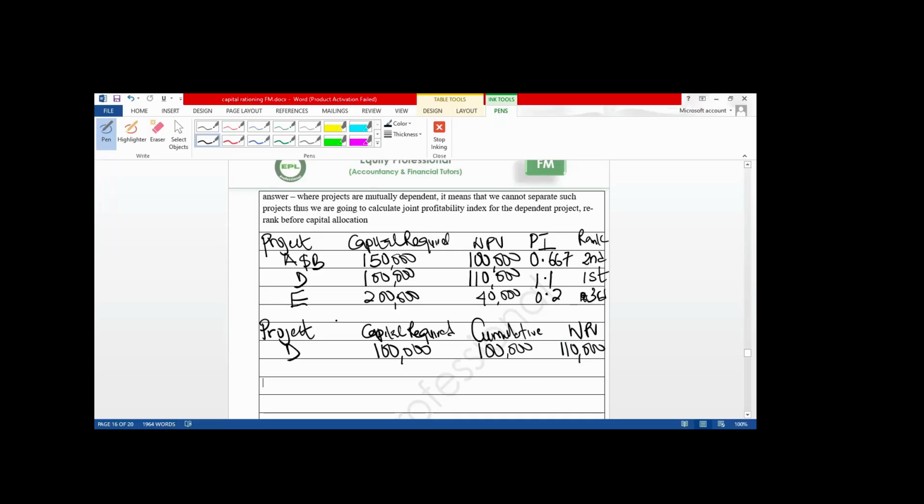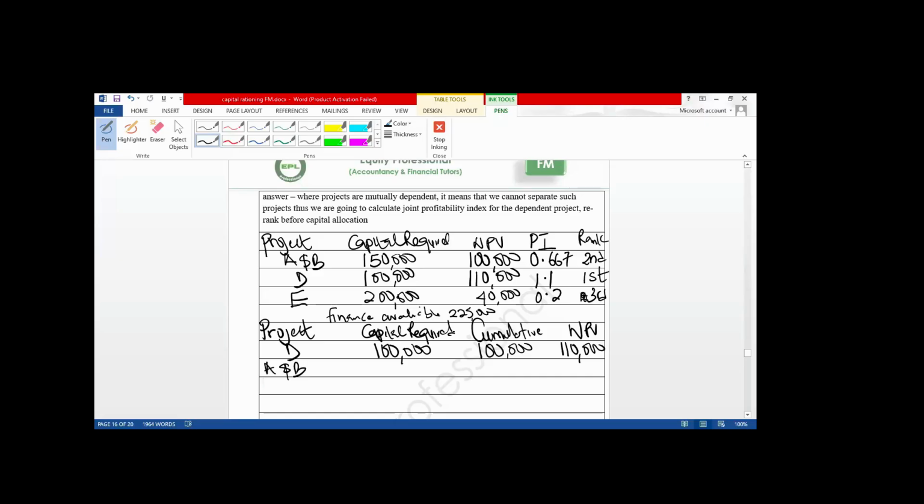Remember capital available, finance available, 225. Out of 225, you have spent 100,000. Projects A and B is for 150, and you are left with 125.